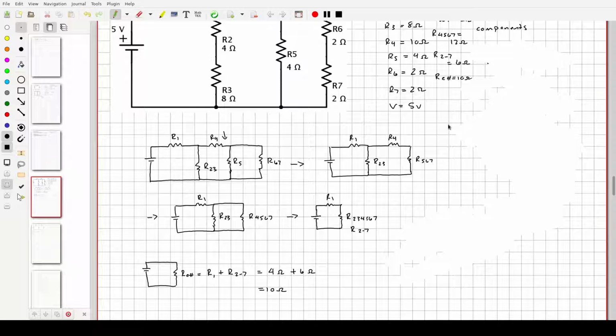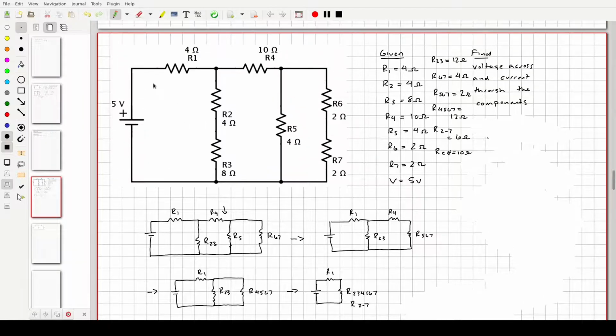Okay, so let's talk about the current. And we're going to start with the total current, because what I like to do is to show how the current flows here. So the total current leaves the battery like this, and we're going to call the total current I. So here's I entering this junction right here. Now when it enters the junction, it's split. Some of the I goes this way, and some of the I goes this way.